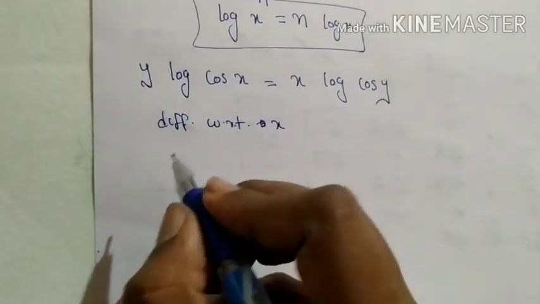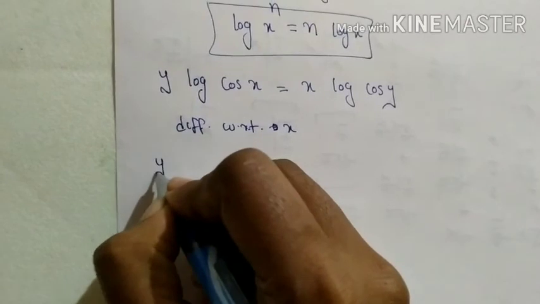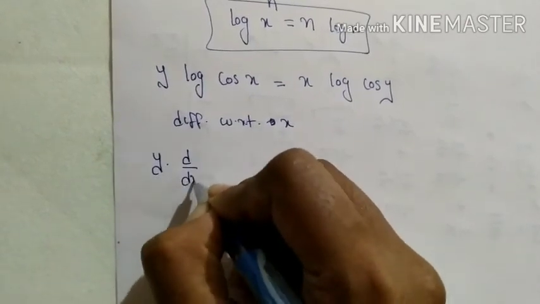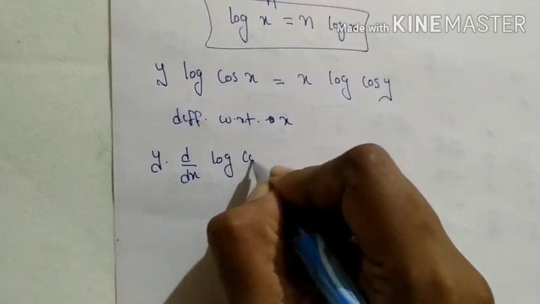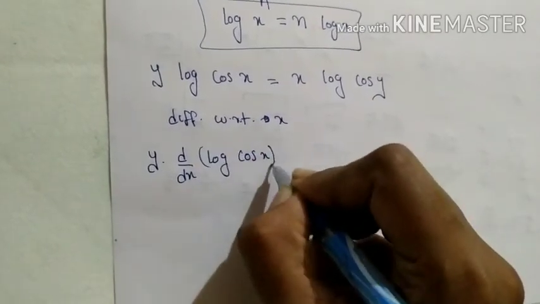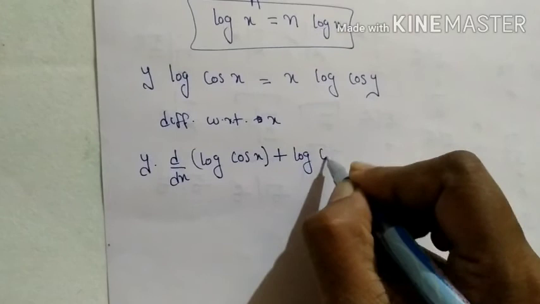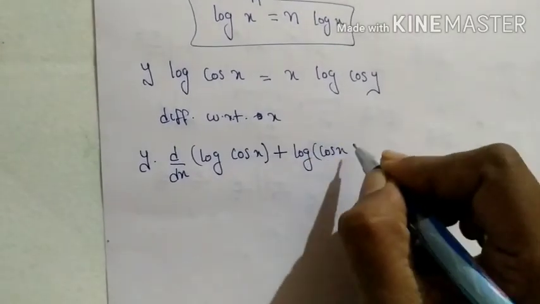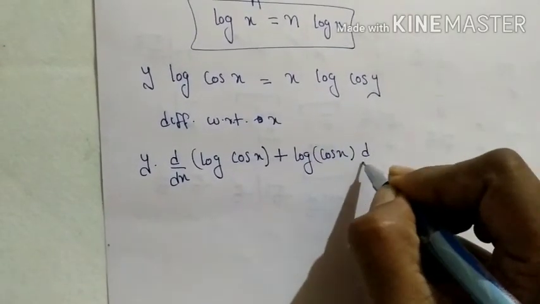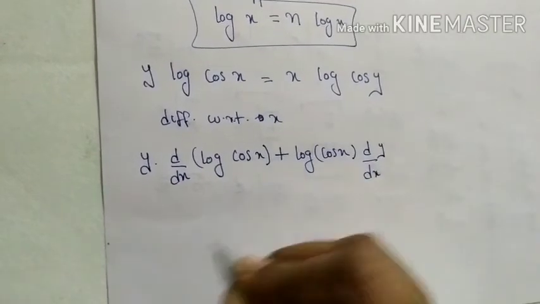Applying product rule, we get first function into derivative of second function, that is log of cos x, plus second function into derivative of first function.